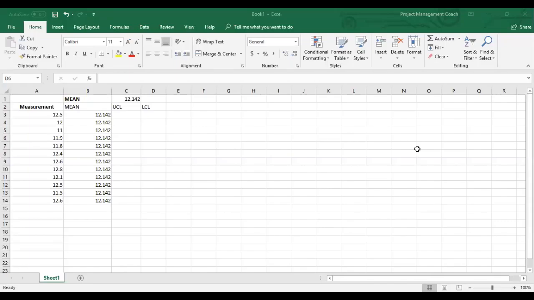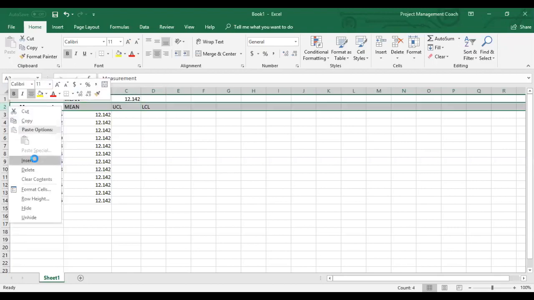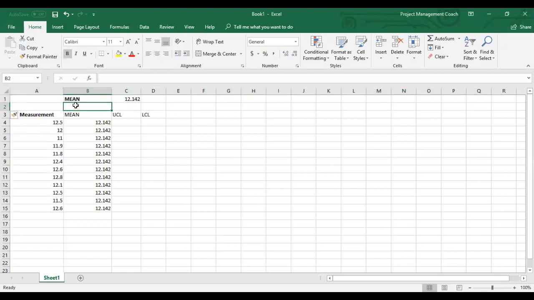So at this point, let's take a look at how to get our UCL and LCL. I'm going to insert one more line here, and we will go into the formulas again. Hopefully I can find where that stuff is. Standard deviation.